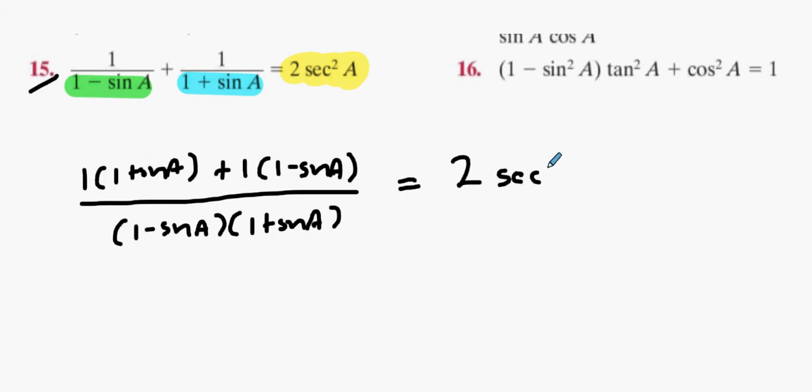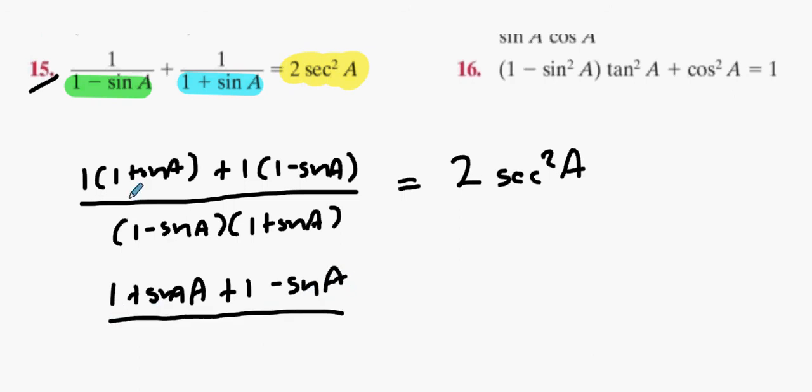Secant squared. I'm going to multiply this out. I'm going to go 1 plus sin a and 1 minus sin a. Multiply this out. We're going to get 1 plus sin a minus sin a and minus sin squared a.